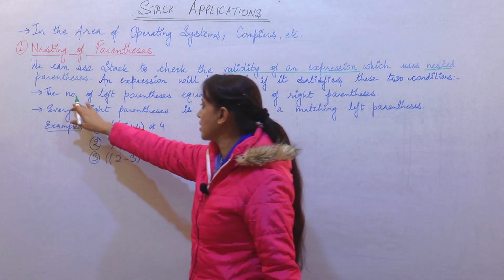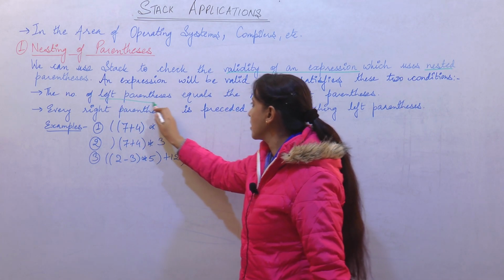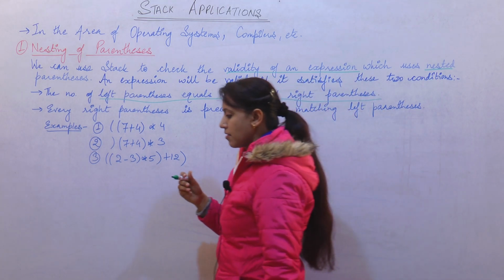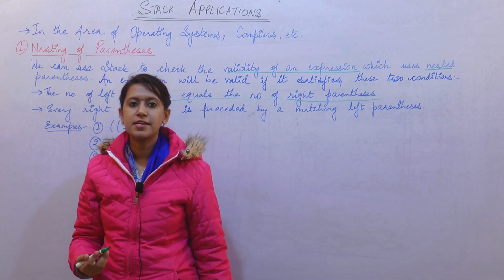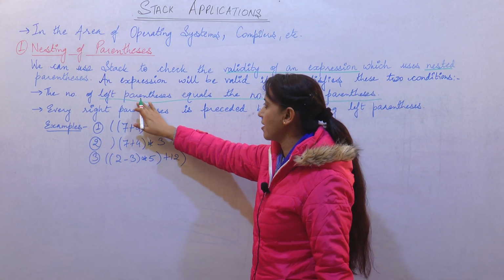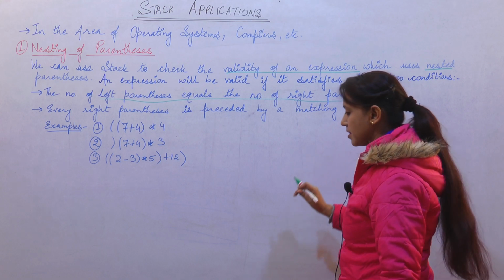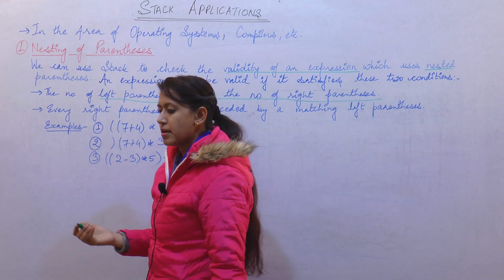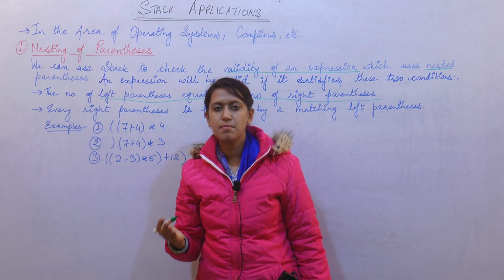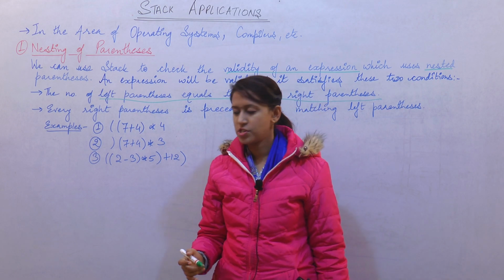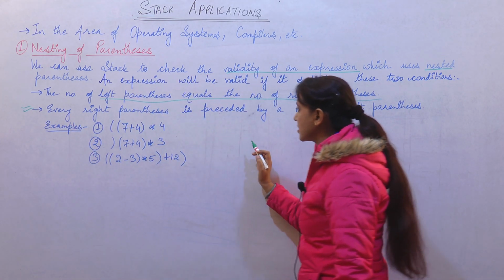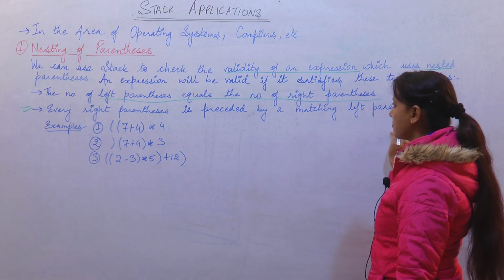The first rule is that the number of left parentheses equals the number of right parentheses. That means the number of left parentheses in any equation should be equal to the number of right parentheses in that equation. The second rule states that every right parenthesis is preceded by a matching left parenthesis.